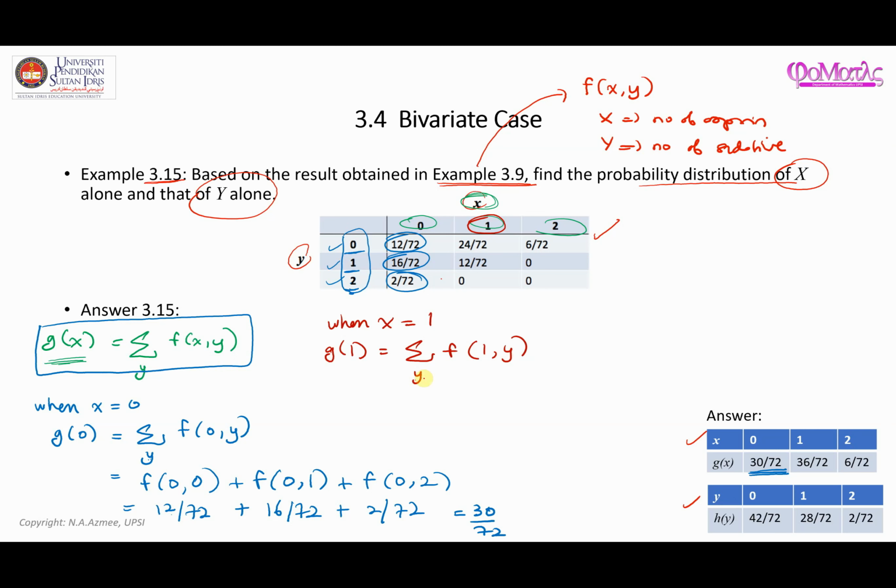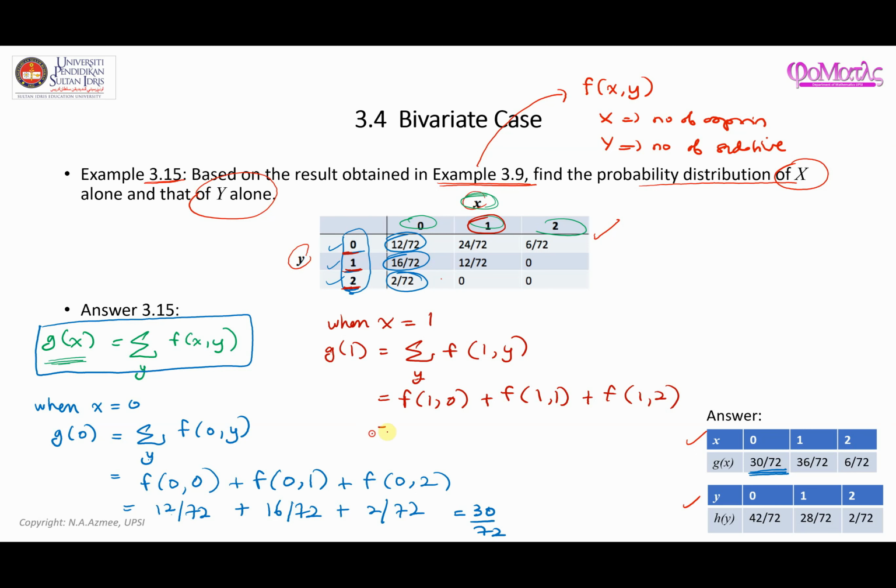We're going to take turns changing the value of y accordingly, from lowest to highest. So here we have f(1,0), plus f(1,1), plus f(1,2).